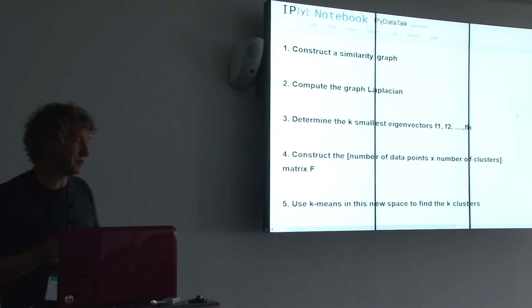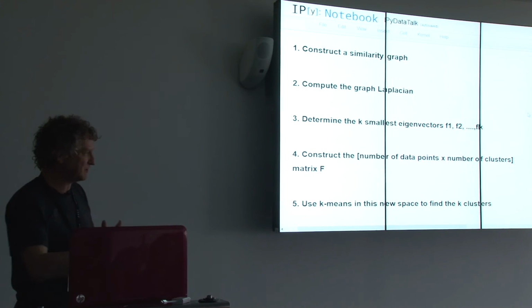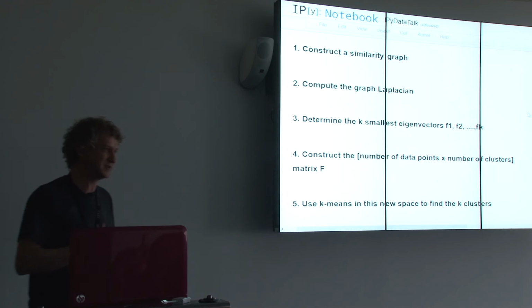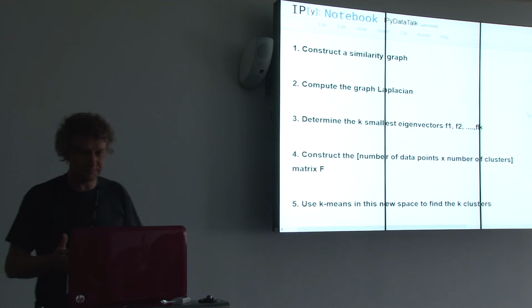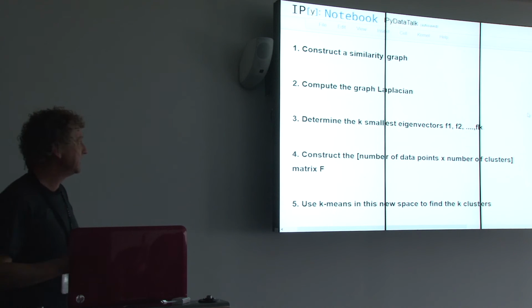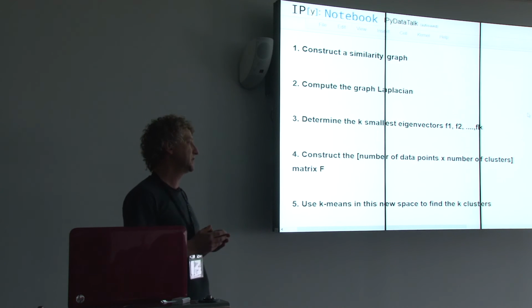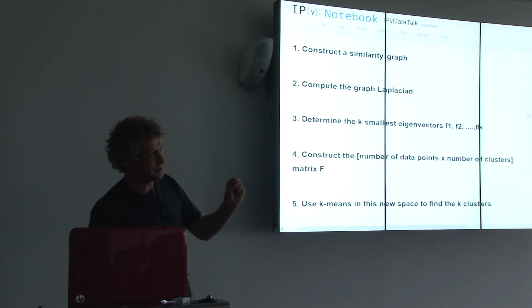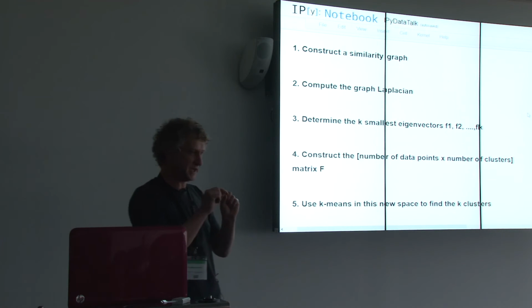From this similarity graph, you construct what's known as the graph Laplacian. Sorry, I stepped into talking about graphs rather than matrices. I should unpack that stage. Spectral clustering comes from graph theory, and you can represent your data with each data point being a node, and the similarity between two data points being an edge.